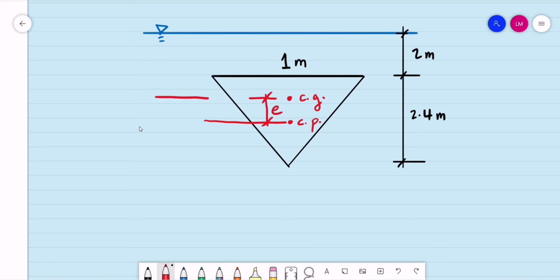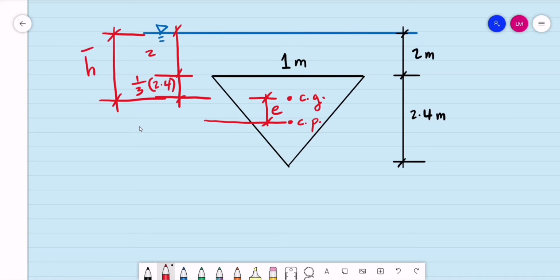Okay, so alam natin na kapag triangular yung section, yung location ng kanyang centroid will be 1/3 mula dun sa isang side, yun sa 1 meter na side. So that will be 1/3 of 2.4, and this is yung given kanina na 2 meters. Yung total distance na to will be the bar H.